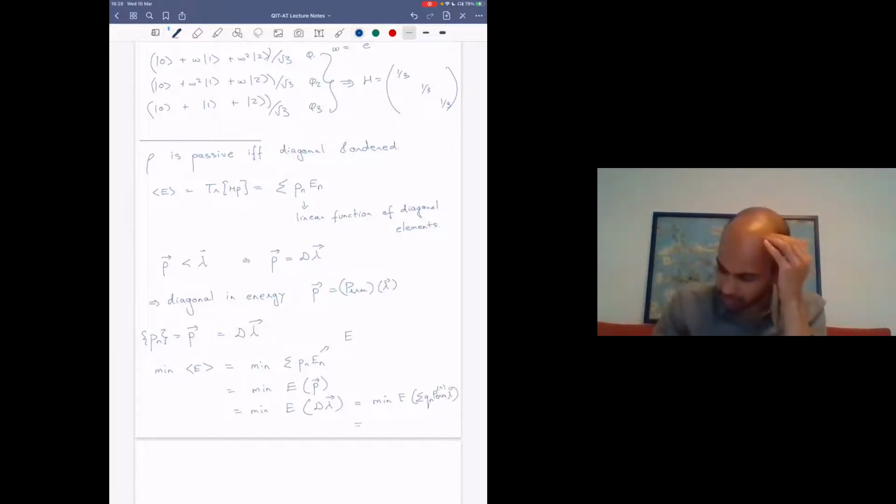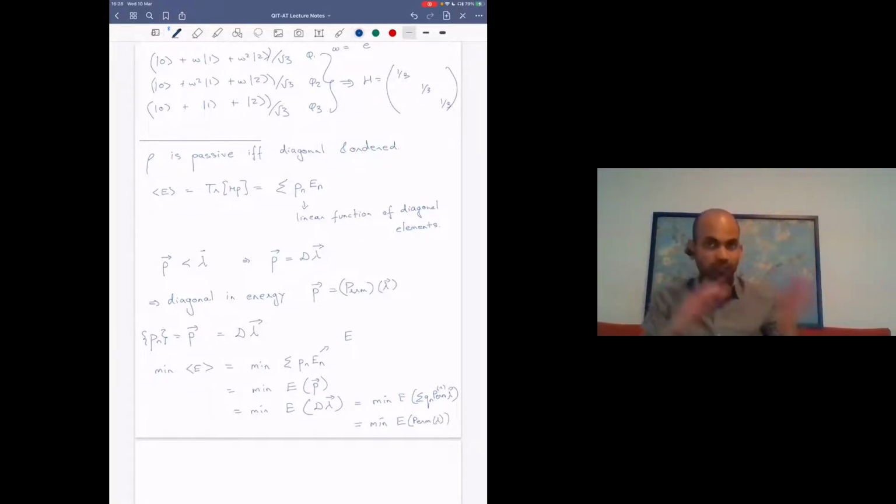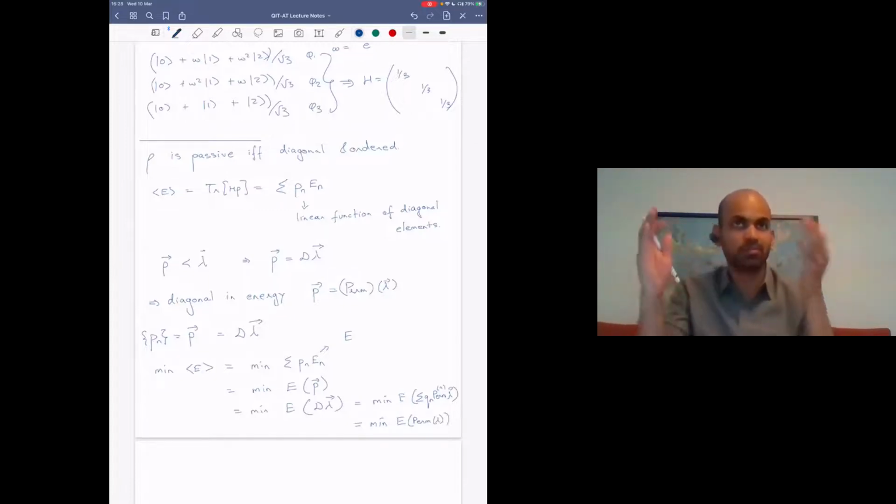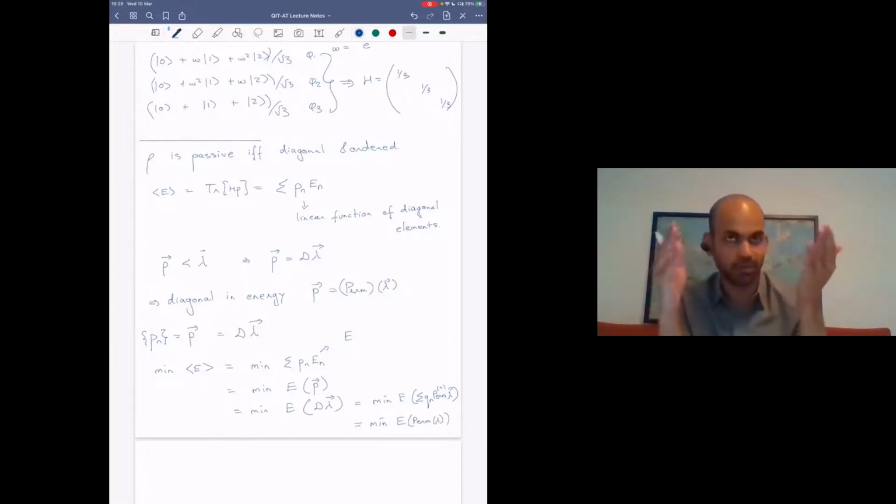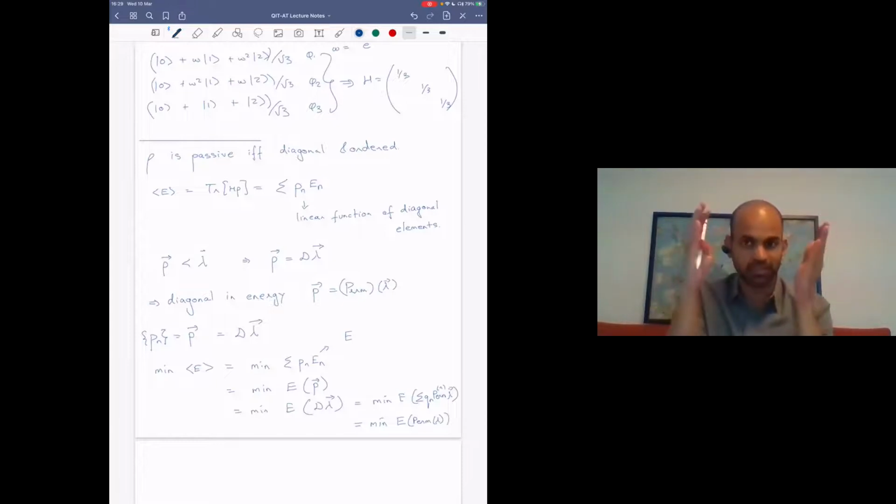And this, as we argued before, is going to be given by the minimum of E of some permutation of lambda. Because for a convex combination of permutations, the minimum of the function is going to be given by the minimum among just the permutations of lambda.